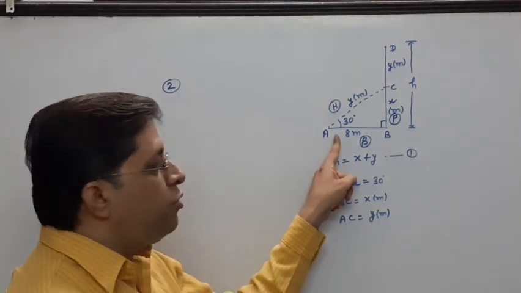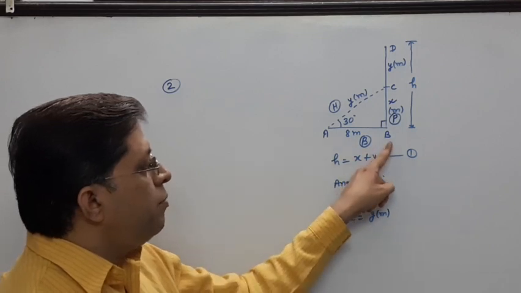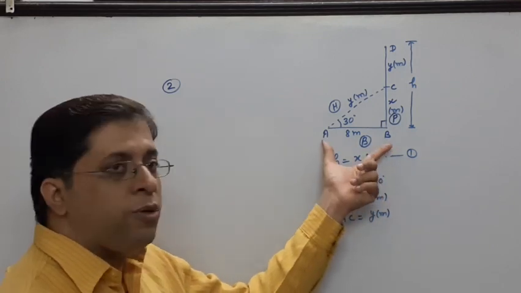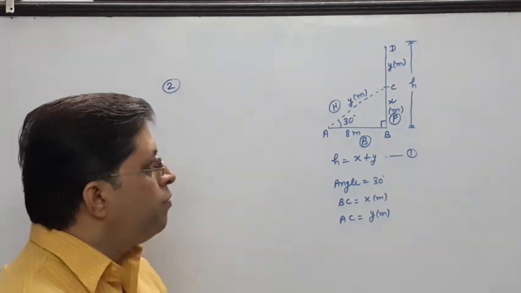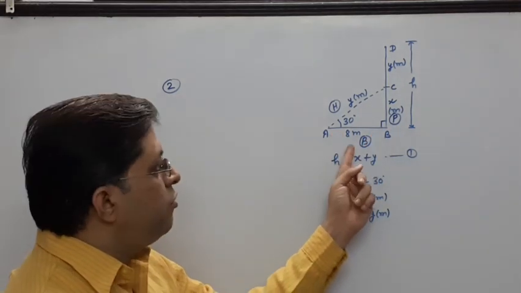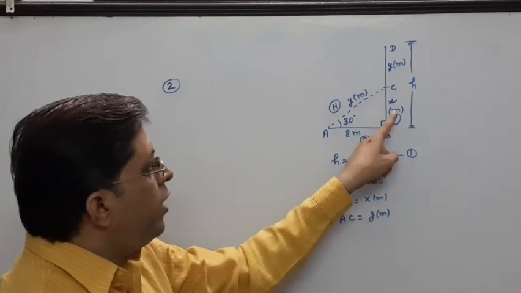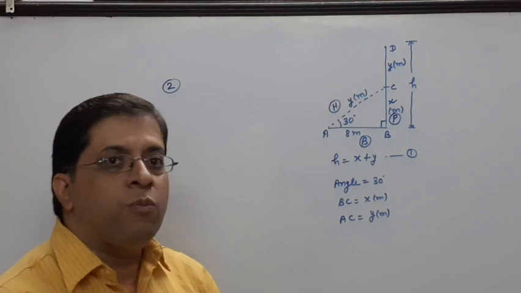The angle is given as 30 degrees, and the distance from the top of the tree to the base of the tree is 8 meters. Because two angles are given, this is your base, this is hypotenuse, and this is perpendicular. You have to find perpendicular and hypotenuse both.